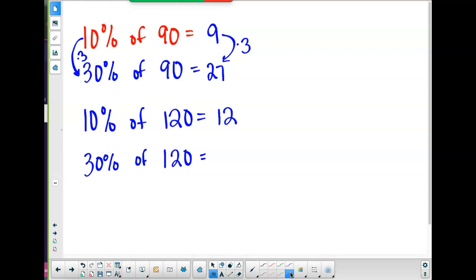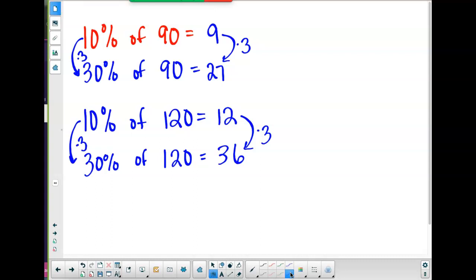Lily: 36. You guys gotta tell me, does that make sense or no? I can't tell. To get from 10 to 30, you times by 3. 12 times 3 is 36.